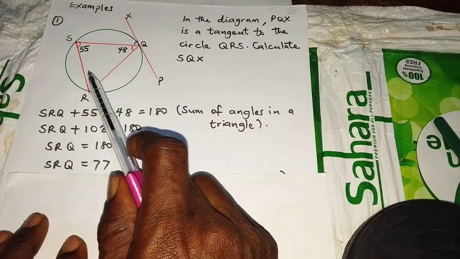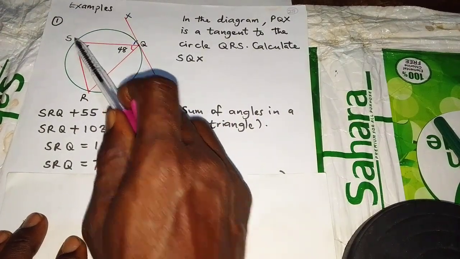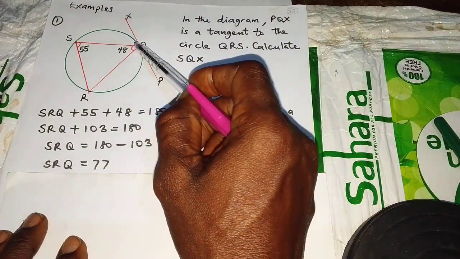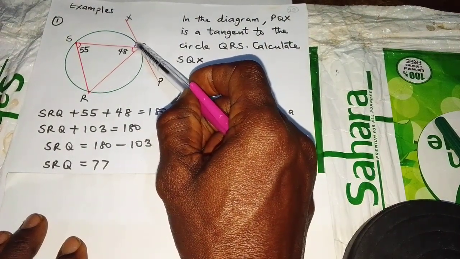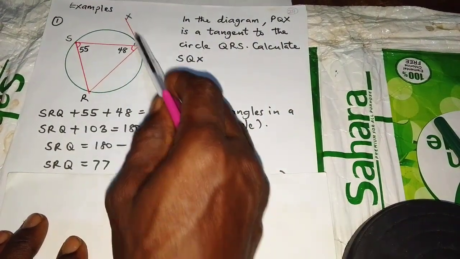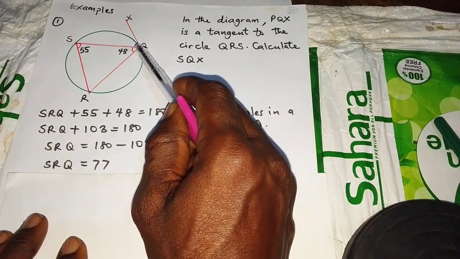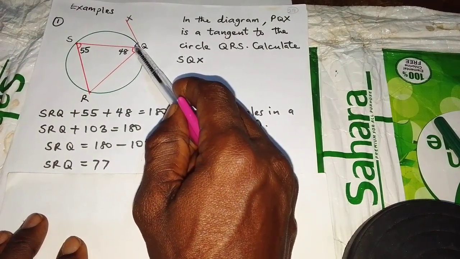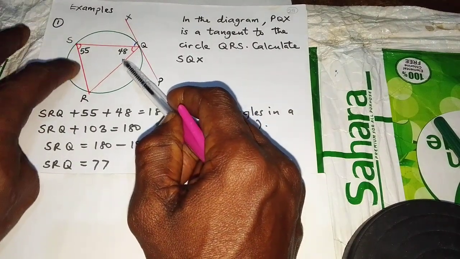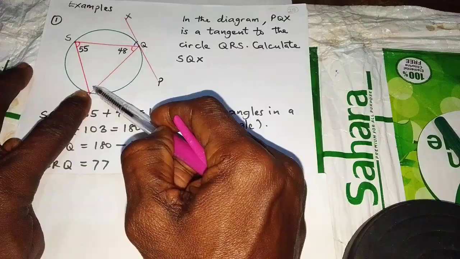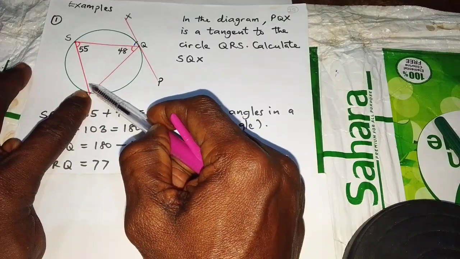So now you realize our angle SRQ, this angle, is alternate to this angle. You can see this is the chord and this is the tangent. So the angle this chord and tangent make will be equal to the angle the chord makes when used to draw a triangle touching the circumference.